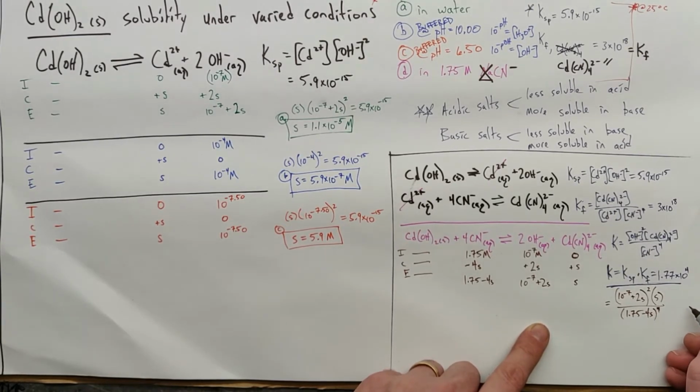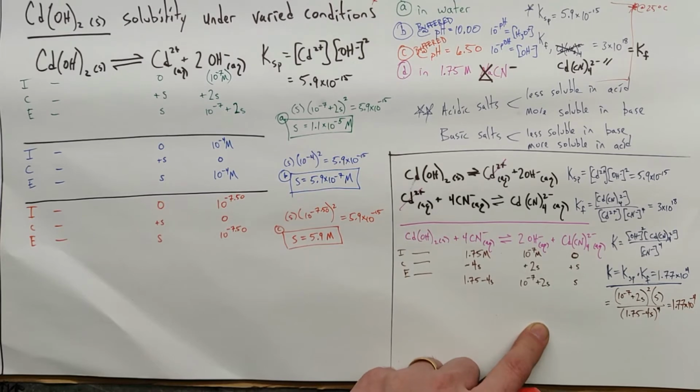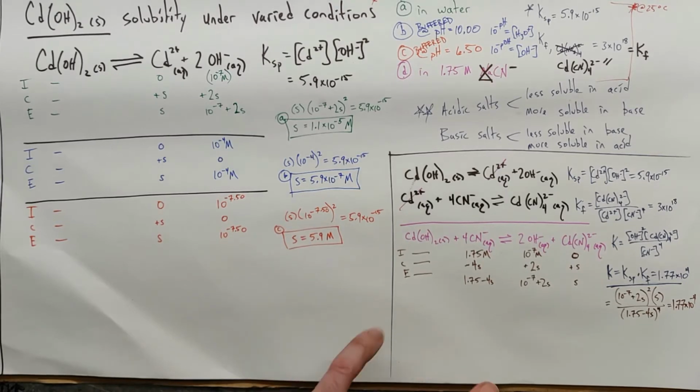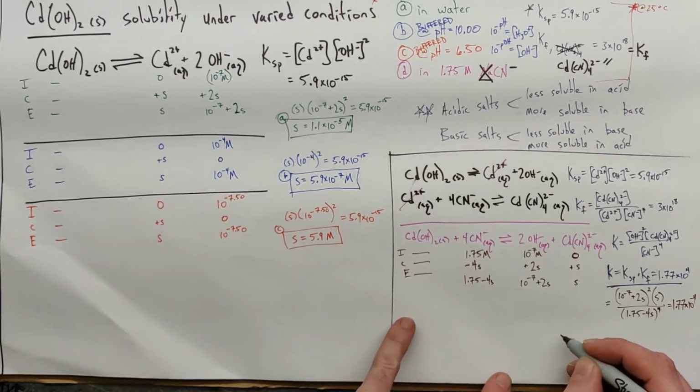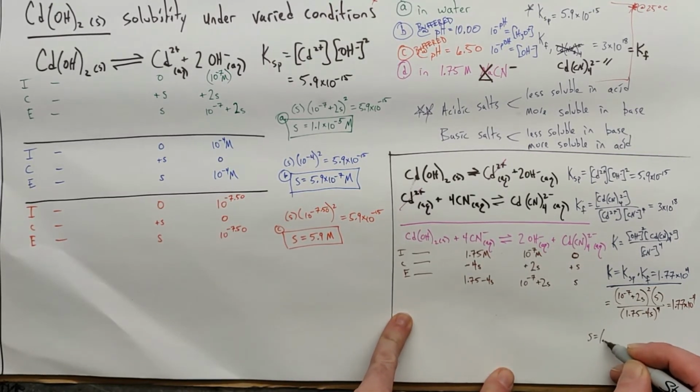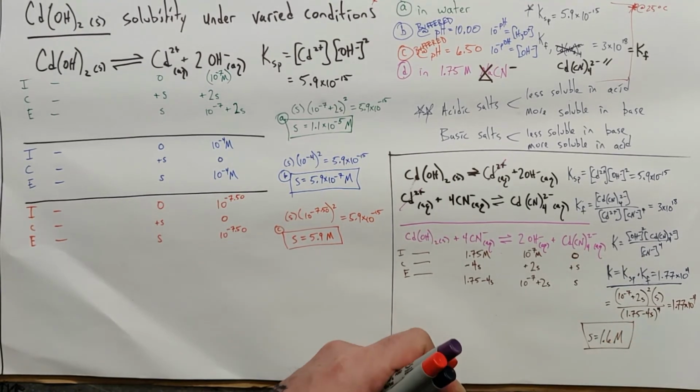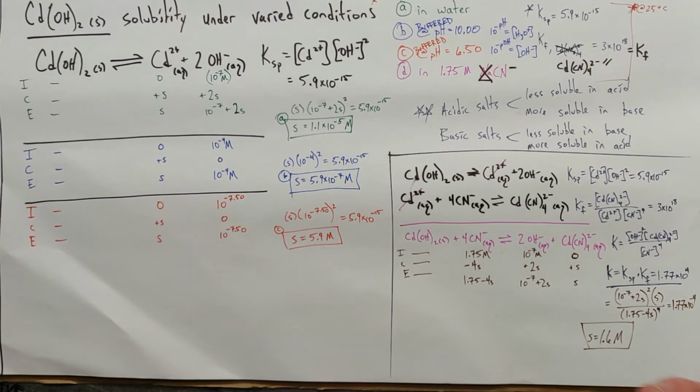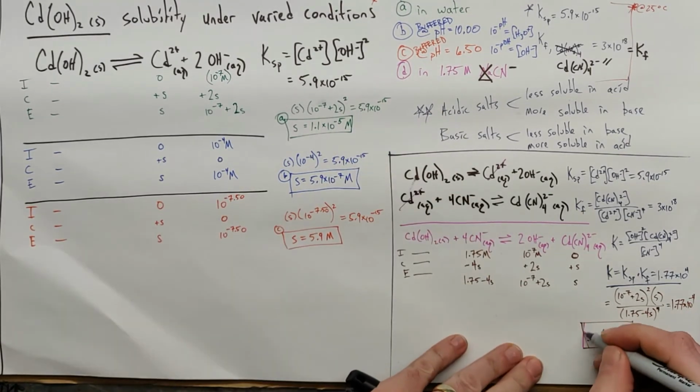This equals 1.77 times 10 to the 4th. Just want to make sure that was on the screen. 1.77 times 10 to the 4th, and I got the solubility here as 1.6 molar. So our solubility ended up being 1.6 molar. And that, in the wrong color, is our answer to part D.